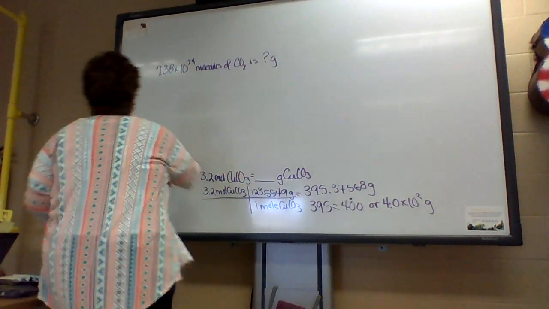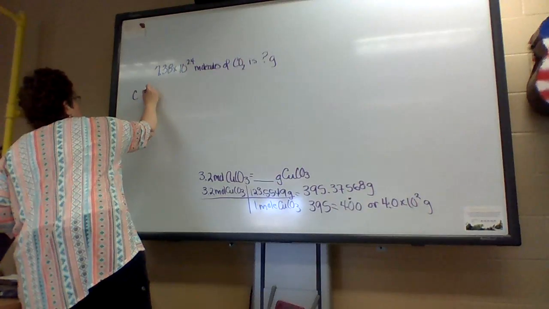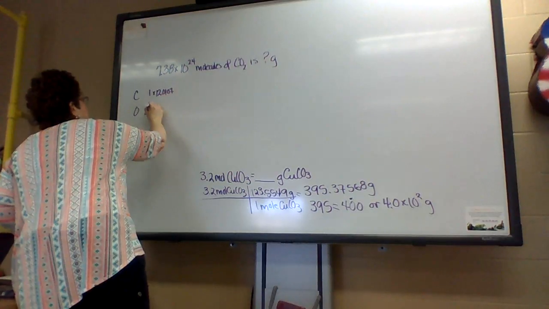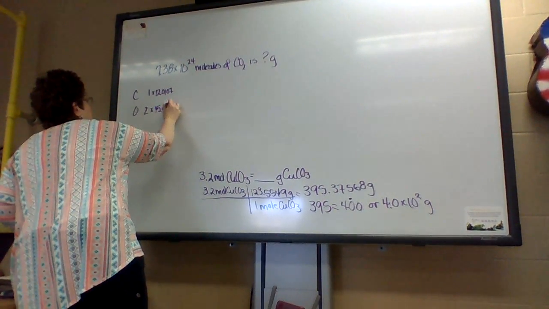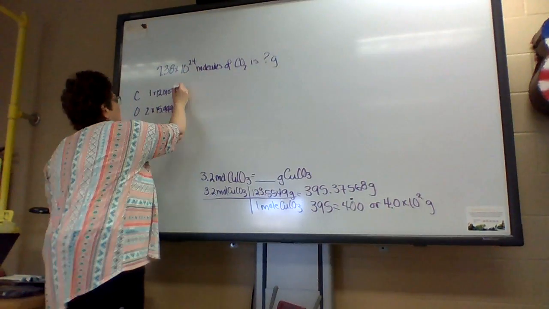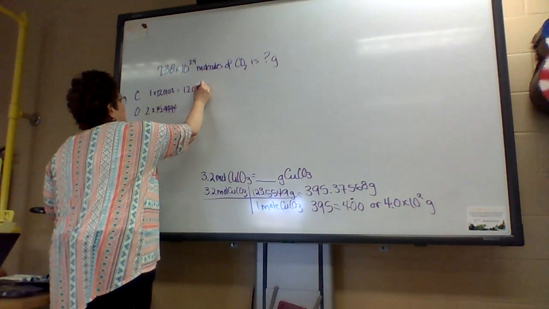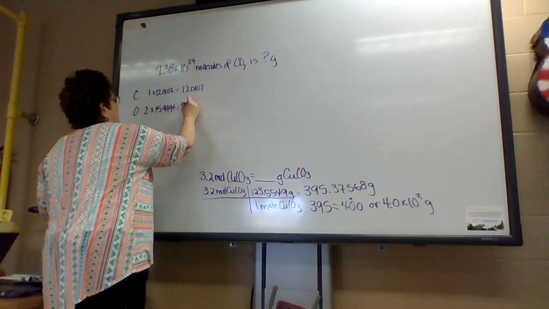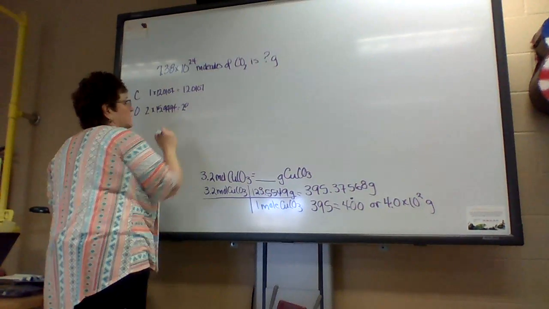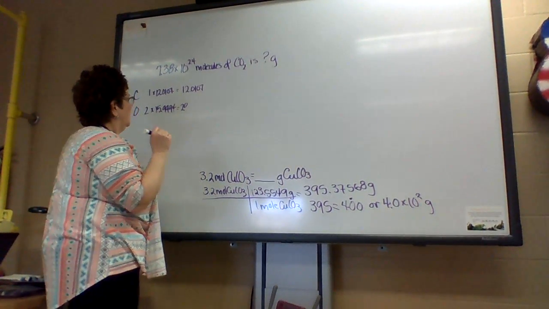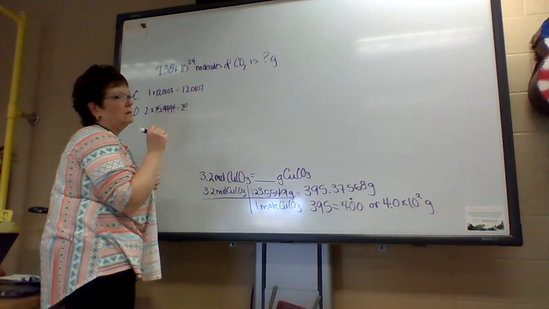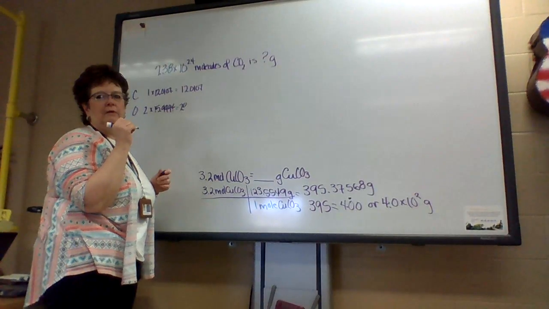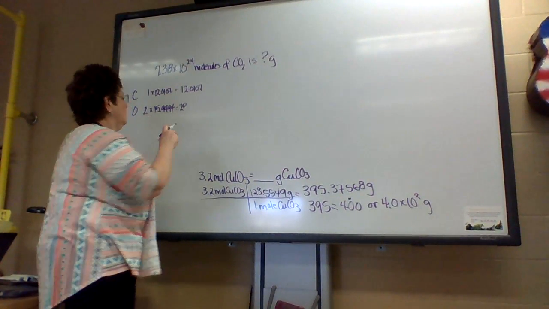So maybe on my side note over here, I'm going to put carbon, and there's one of them, and oxygen, there's 2 of them. This is 12.0107 times 15.9994. Oxygen times 2 is 31.9988.